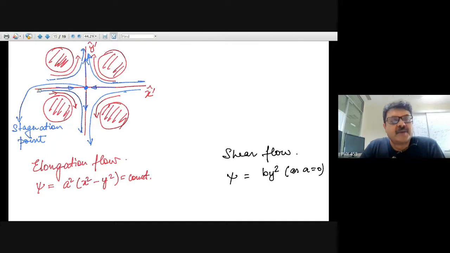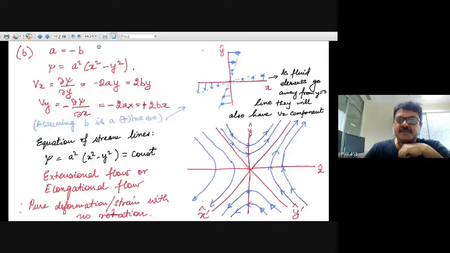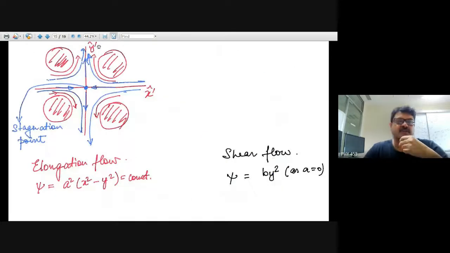So here we have aligned it so that the principal components of the velocity gradient tensor, when you diagonalize it, lie along x dash and y dash. To differentiate between x and y, we rotate the coordinate axes, and along this you have compression, here you have extension, and this is called the stagnation point, I think.